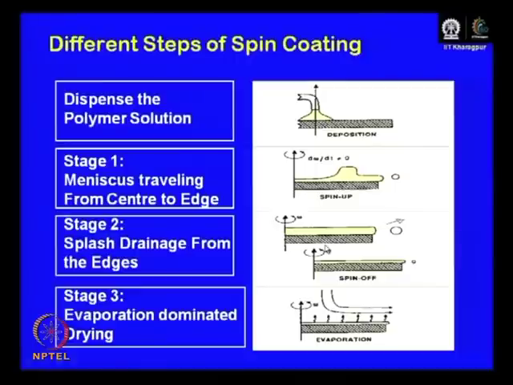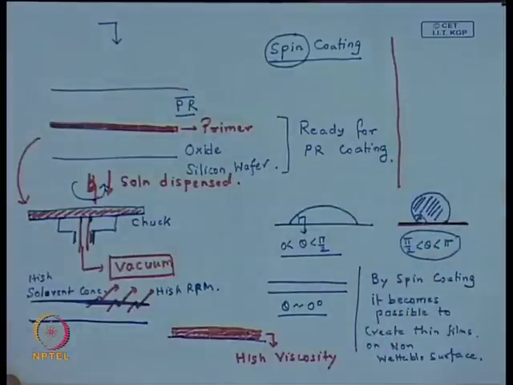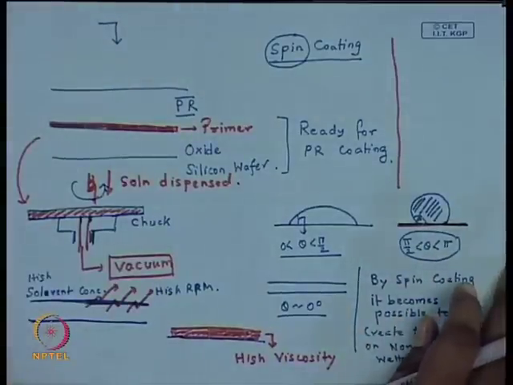That can be dangerous, particularly if you are trying to coat your film on a non-wettable surface, because if after the completion of spin coating, your solvent level is not low, then the polymer or resist molecules will have adequate mobility because of the presence of the solvent, and thereby based on the horizontal balance of the surface tension there can be structural reorganization or dewetting.